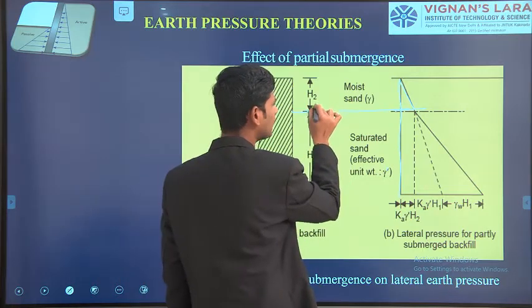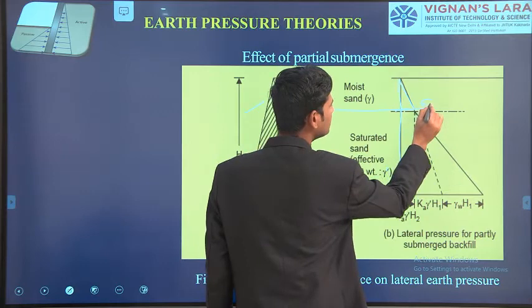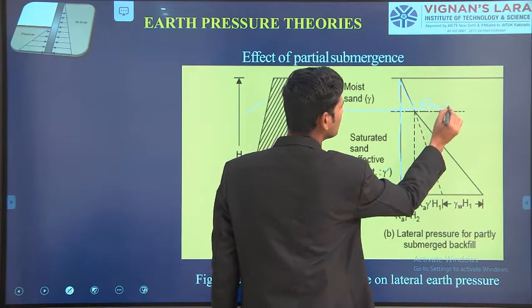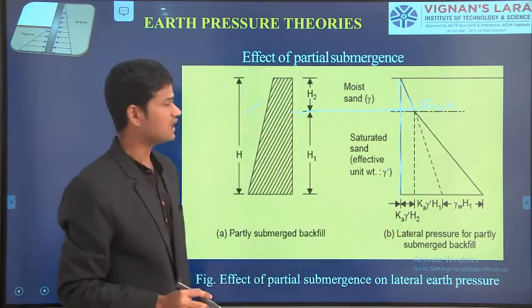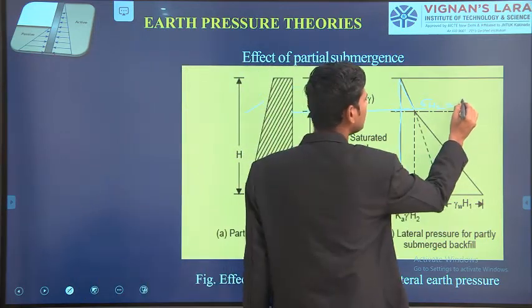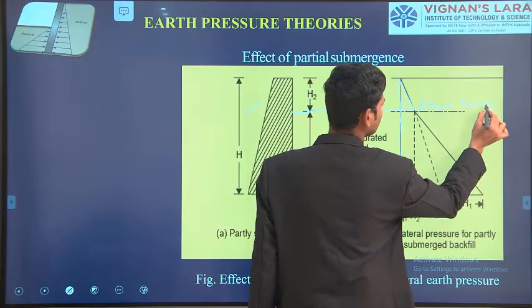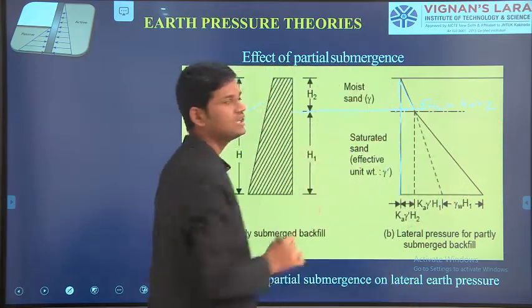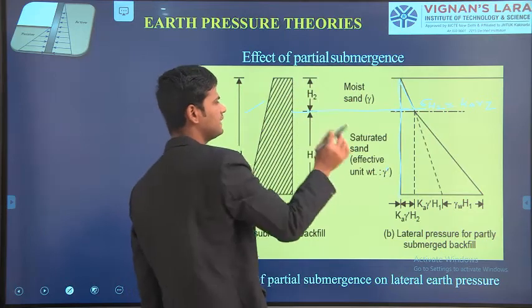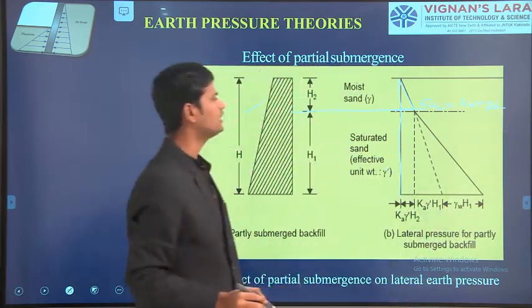At this particular depth, if you want to calculate the horizontal pressure, that is sigma H2. The horizontal pressure at a depth of H2 equals Ka into gamma into Z. Here the depth is given as H2, hence we substitute Ka into gamma into H2.